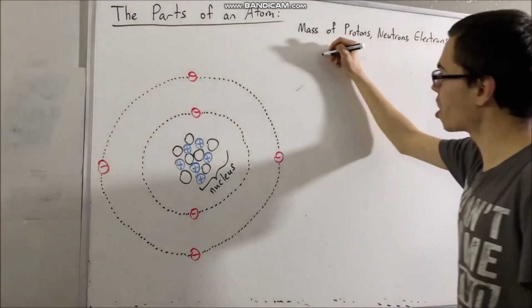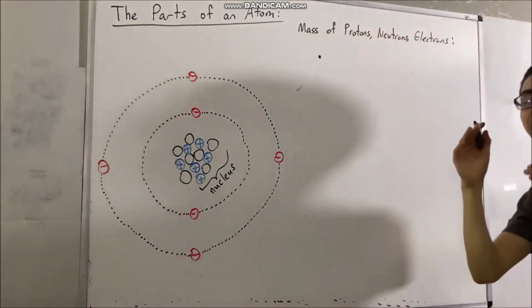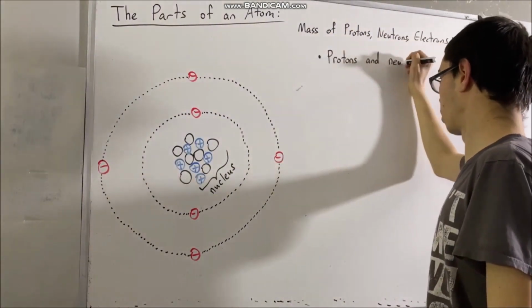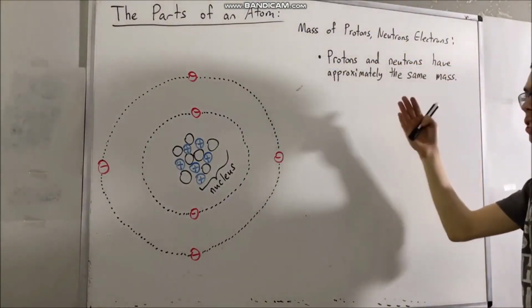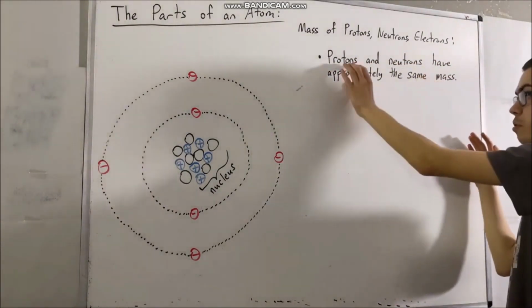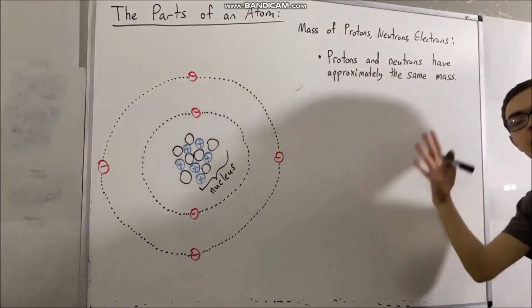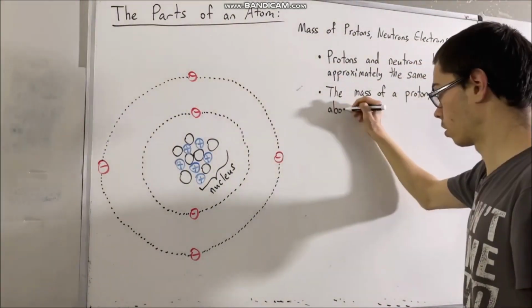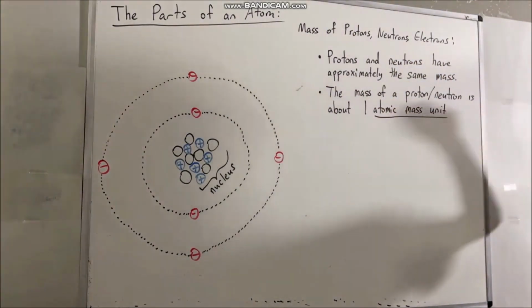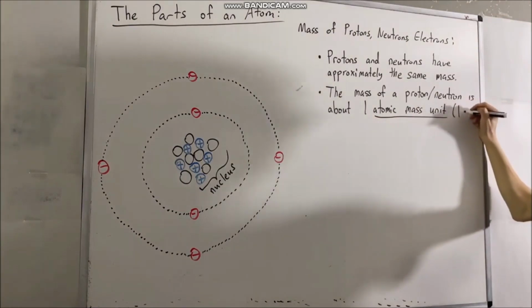Okay, so to start, protons and neutrons have approximately the same mass. And we're going to take the notion that the mass of a proton or neutron is equal to 1 atomic mass unit. Right, and the symbol for 1 atomic mass unit is 1u.